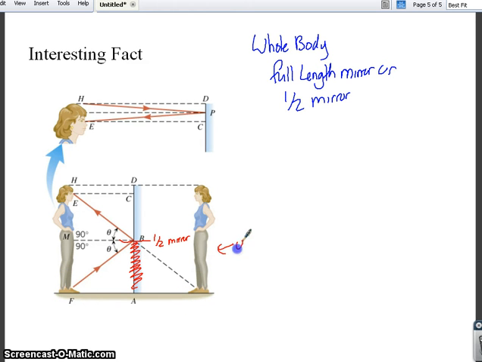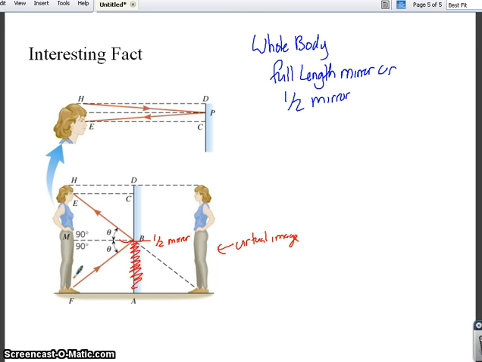This is a virtual image. And notice we did the same thing here. This is the reflected ray, and we drew an extension of the reflected ray back on this woman to show you what you see from your eyes. Even though the light's coming from your feet here, it looks like it's coming from here. Virtual image. No light is coming from here, it's actually coming from here.